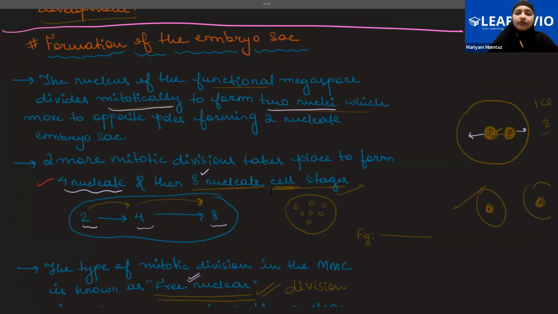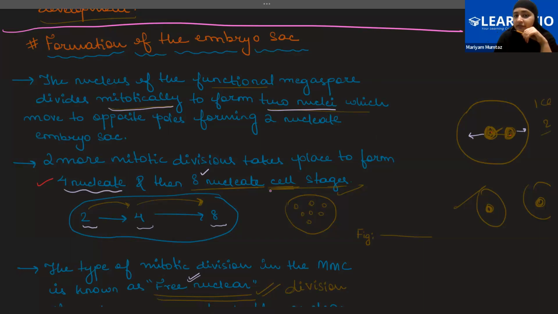So talking about the formation of embryo sac. Embryo sac is the most significant structure with respect to the female reproductive structure, because here only the egg would be there and here only would the fertilization take place.